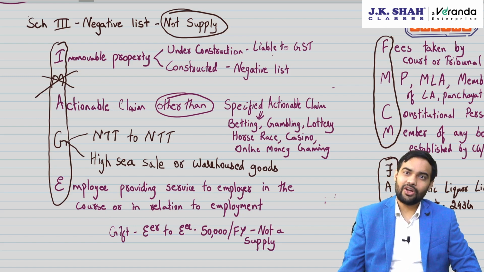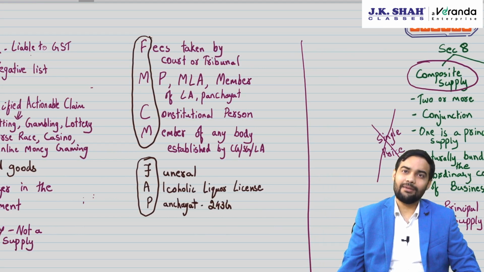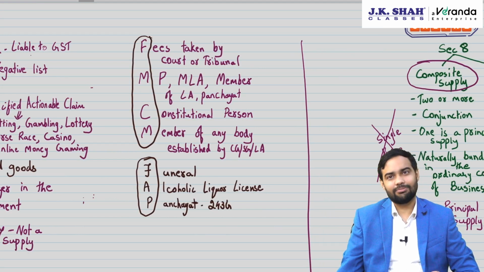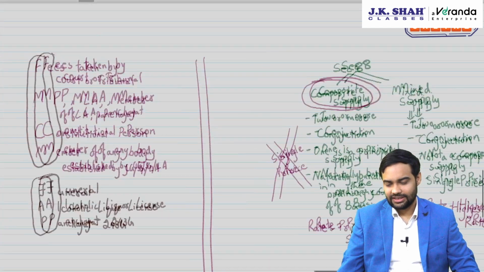Employee to employer in the course of employment or in relation to employment, not liable. Gift up to 50,000 between employer and employee, not liable. Fees taken by court or tribunal, MP, MLA, constitutional person, member of body established by central government, state government. Lastly, funeral, alcoholic liquor license and panchayat, not liable to GST.